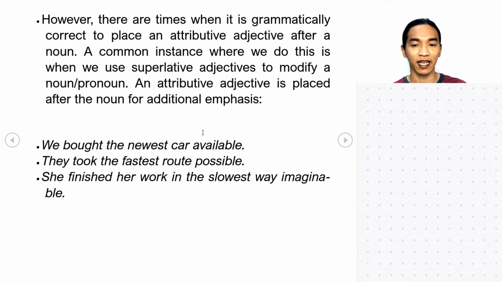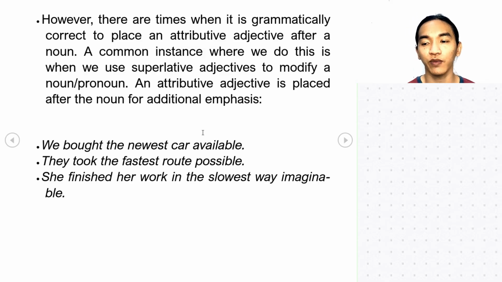Next examples here: we bought the newest car available. They took the fastest route possible. She finished her work in the slowest way imaginable. So, as you can see here, your attributive adjectives are actually after your nouns to give more emphasis to the noun, okay? So I hope you find our lesson today very helpful.